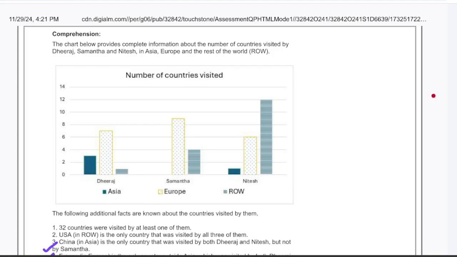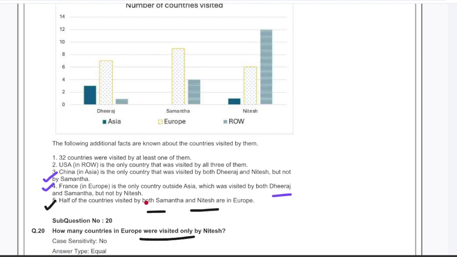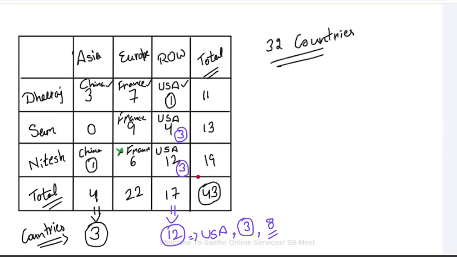Then they said half of the countries visited by both Samantha and Nitesh are in Europe. So for Samantha and Nitesh, half of the countries were in Europe. That means in Asia there's none. In the rest of the world, they have three countries which are visited only by them, not by Dheeraj. And the fourth country they have is USA, which is visited by all three.